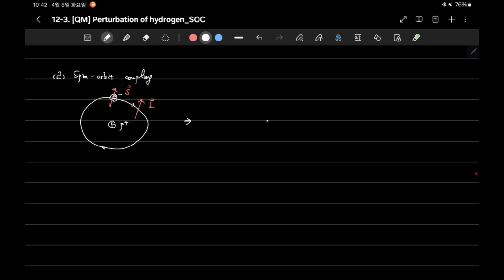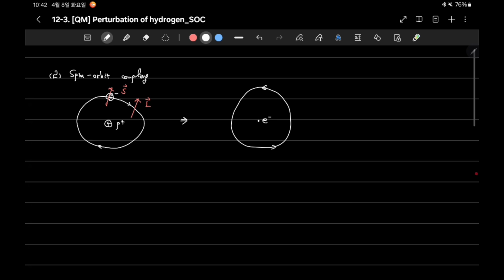the electron can be considered at rest at a point, since the electron is very small, and the proton moves around the electron. The circular motion of the proton makes a current, and this current generates a magnetic field.